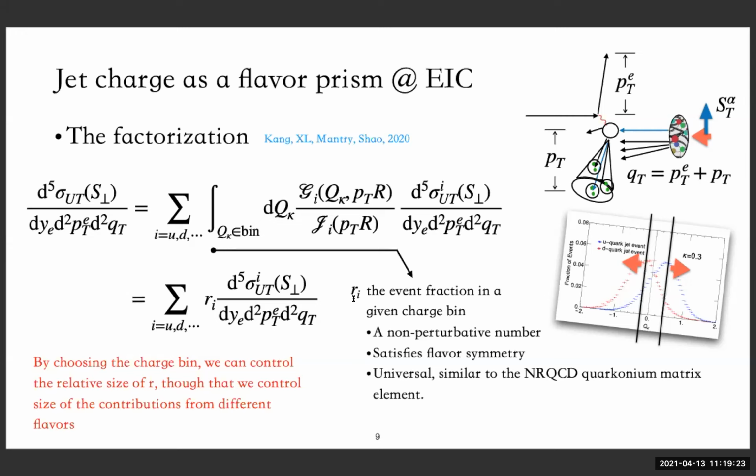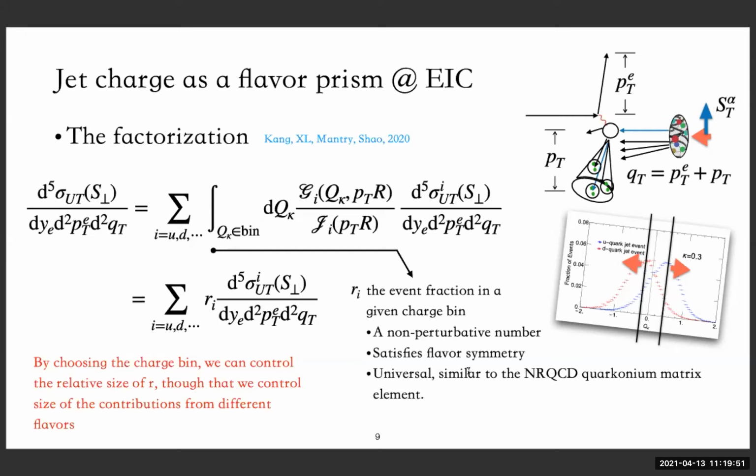So some comments for the Ri. Ri is non-perturbative, but luckily it's just a number for each given charge bin instead of a distribution. And also for different partonic channels, Ri can be related via the flavor symmetry, which will dramatically reduce the number of degrees of freedom used for global fitting. And also Ri is universal in the sense that the Ri you extract from the EIC will be the same as the Ri you extract from the LHC.